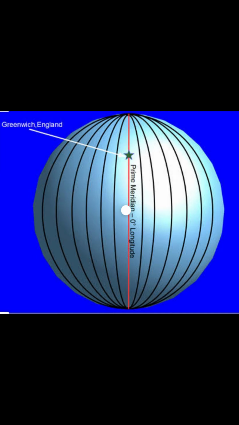You can see the red color line here, which divides the globe into two equal halves vertically, and is called the prime meridian.